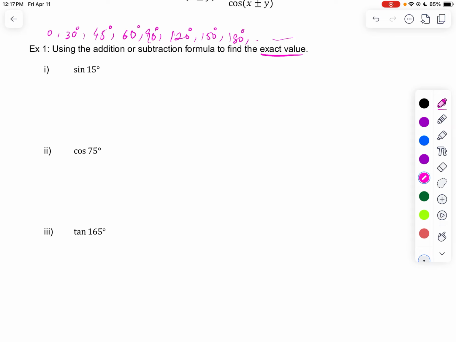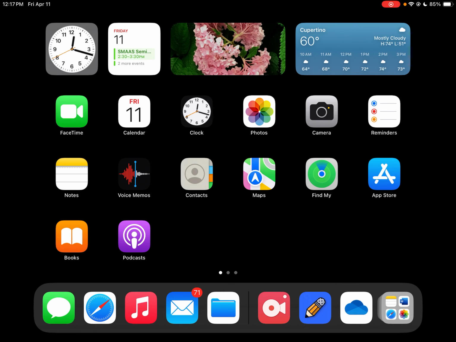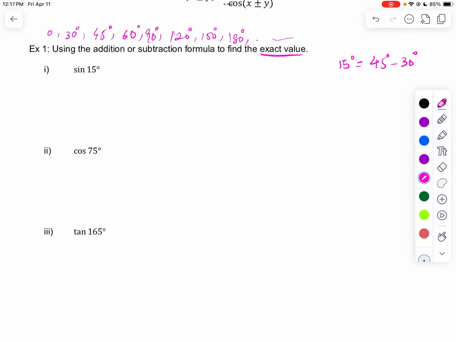So we notice that we can write 15 degrees as 45 degrees minus 30 degrees. Now, we can also write it as 60 degrees minus 45 degrees.